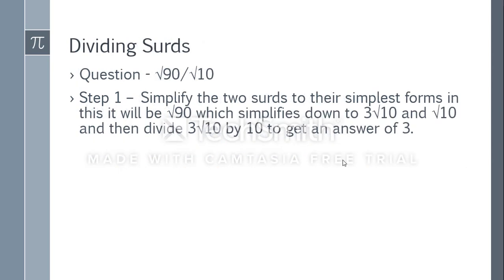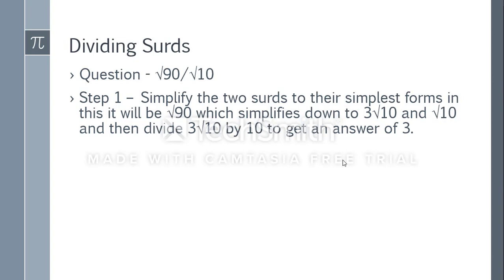So now we'll be looking at dividing surds, which is pretty simple as well. We just have to simplify the two surds down to the simplest form, just like we did last time. And this is the case throughout solving any surd problem.